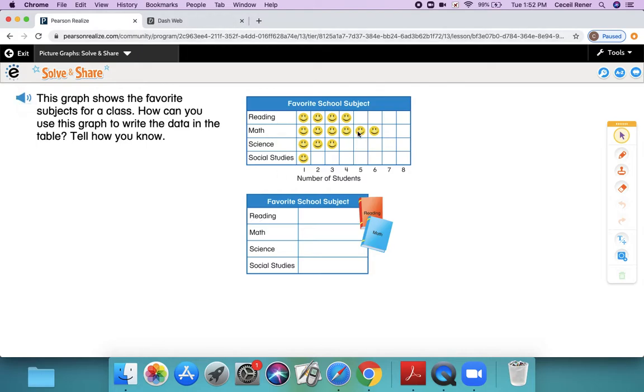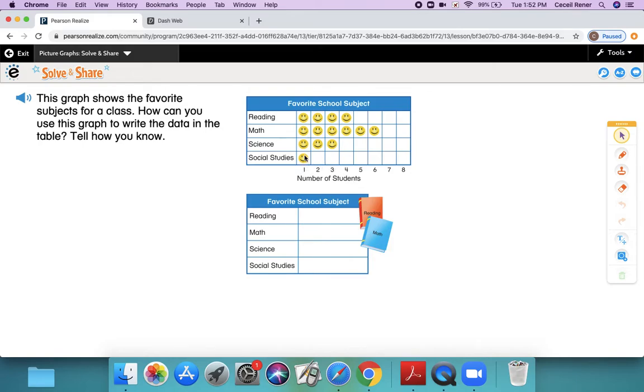Oh, this is happy pictures today. We have smiley faces. So, what does each smiley face represent? So let's look. We have favorite school subjects. And here at the top, this is the title of our graph. And then on the bottom, we have number of students.